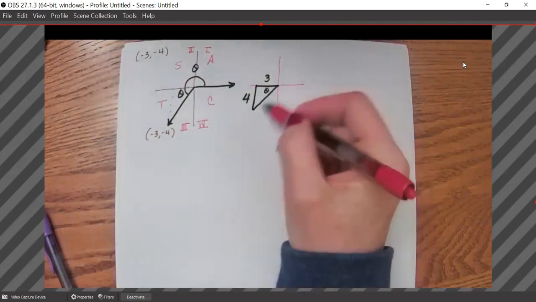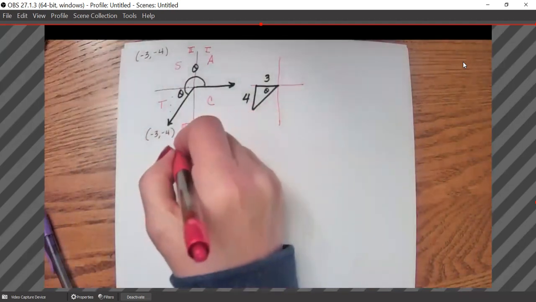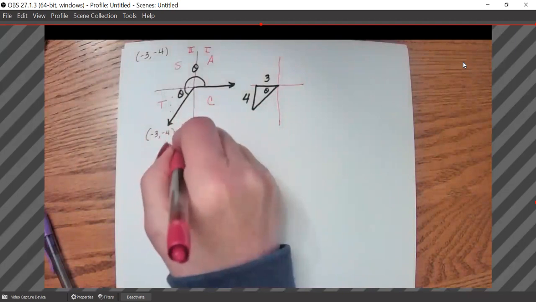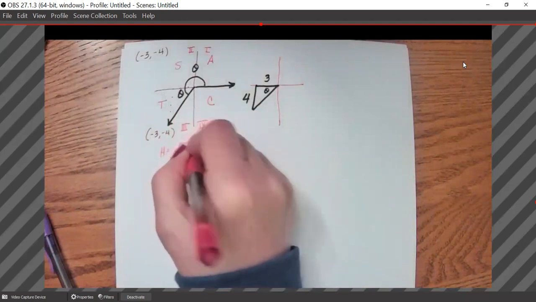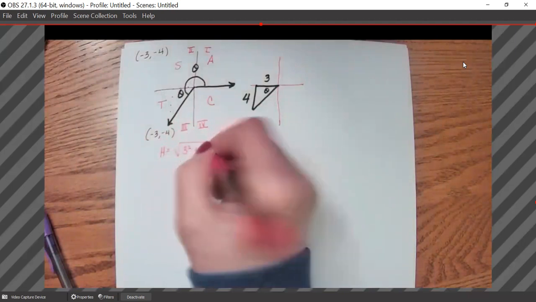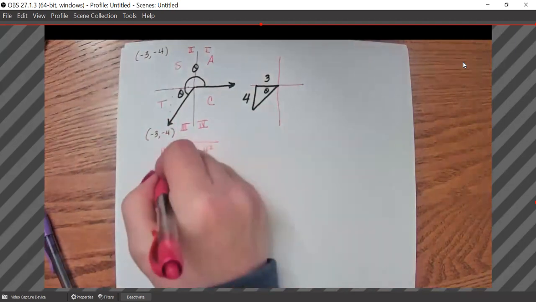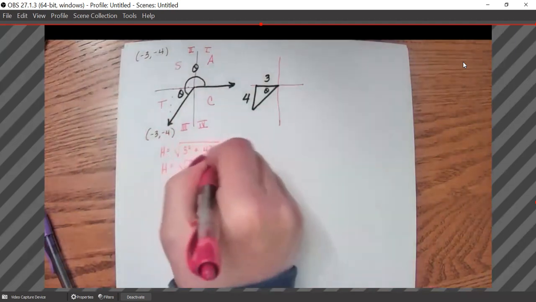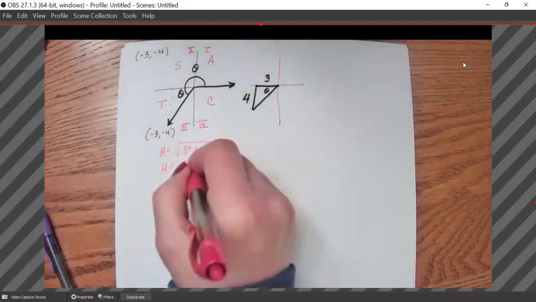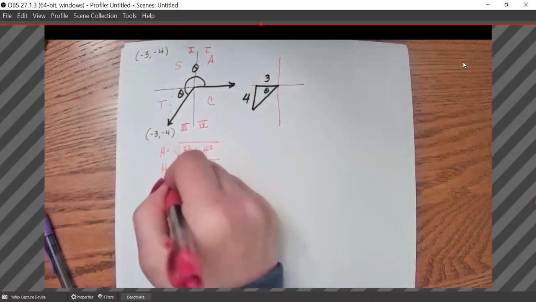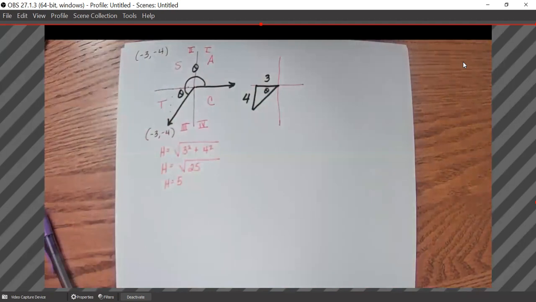All right, so let's find the hypotenuse. Hypotenuse is the square root of 3 squared plus 4 squared, which is the square root of 9 plus 16. So the hypotenuse is going to be 5.